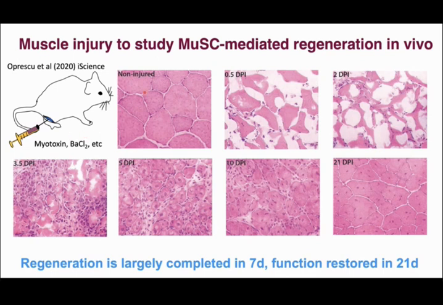So this is what the muscle looks like before you inject the toxin. Right after the toxin injection, this is 0.5 days post-injury. DPI is days post-injury. So you can see the muscle begins to degenerate. At 2 days, it is much more degenerated. You can see all this white space here.